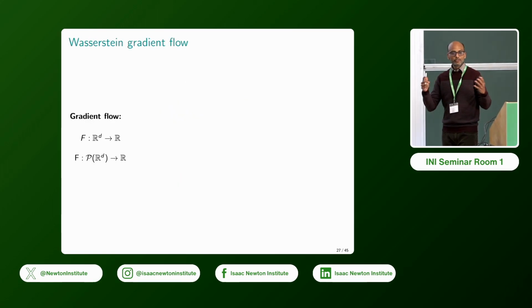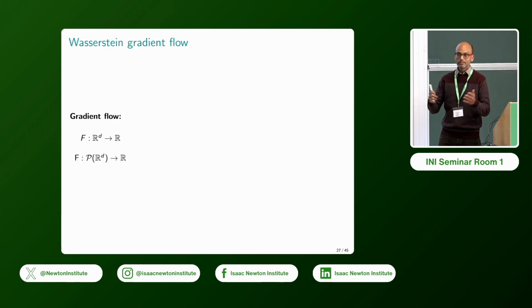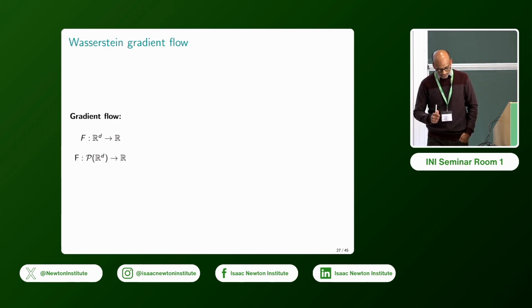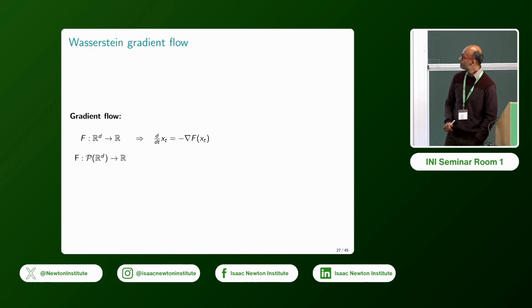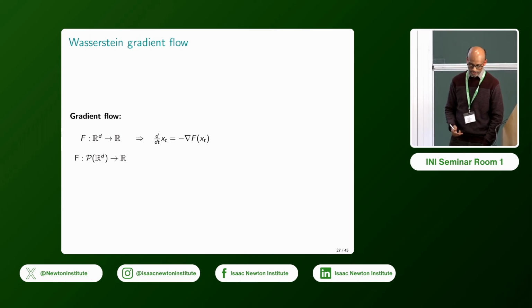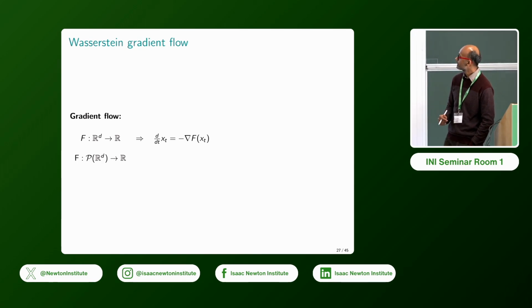Wasserstein gradient flow has been pretty popular. So what do we mean by a Wasserstein gradient flow? Let's look at the classical Euclidean gradient flow, where I have a function defined on R^d.